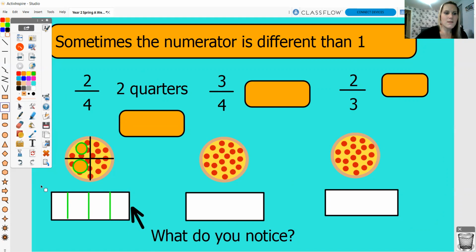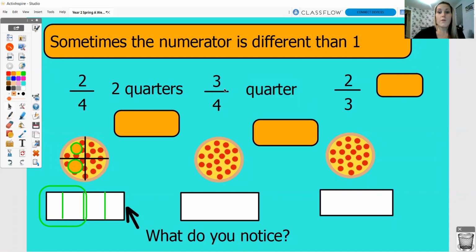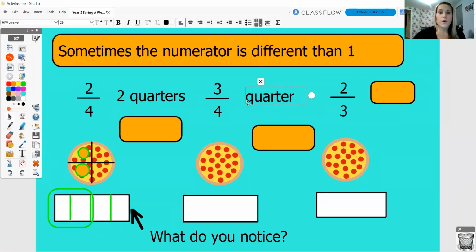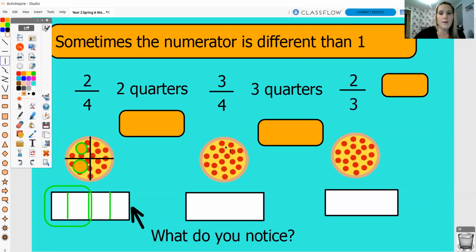That'll make more sense in a minute, I promise. If this is 2 quarters, this must be 3 quarters. We would divide the pizza into 4 again, but this time we would eat 3 of the 4 pieces.